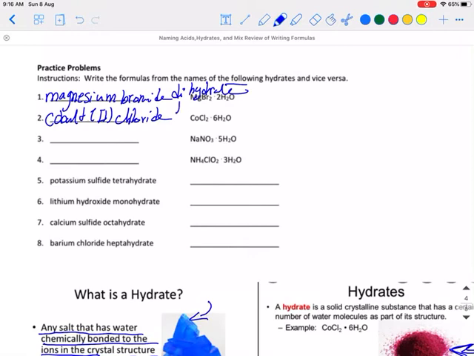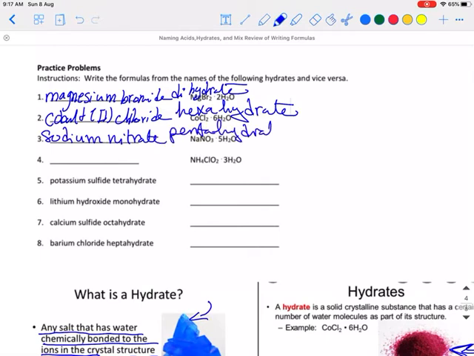How many molecules of water? 6. So hexahydrate. NaNO3. So this is sodium nitrate with 5 molecules of water. So pentahydrate.